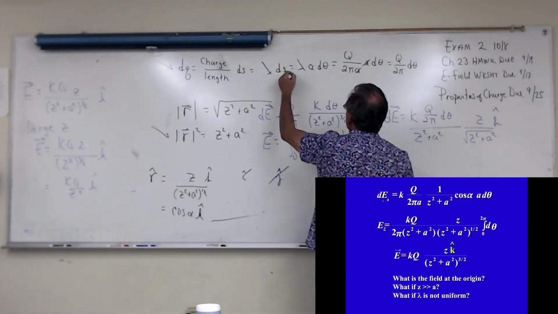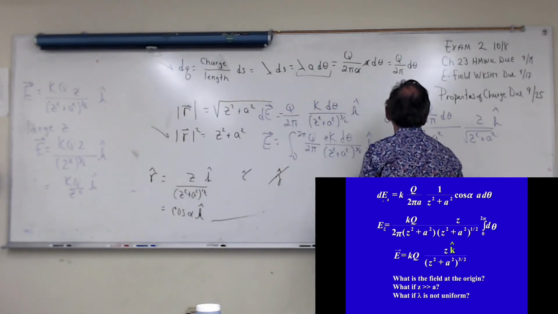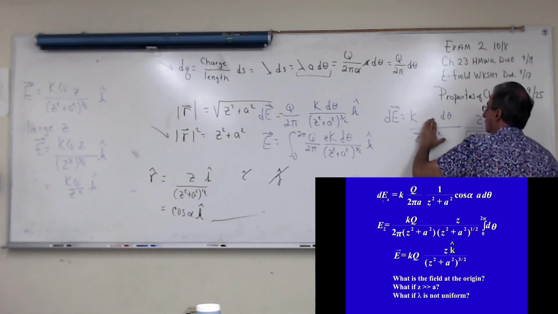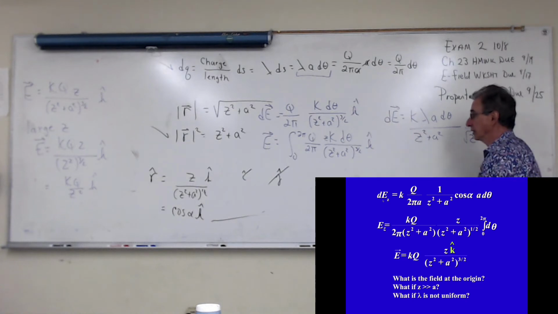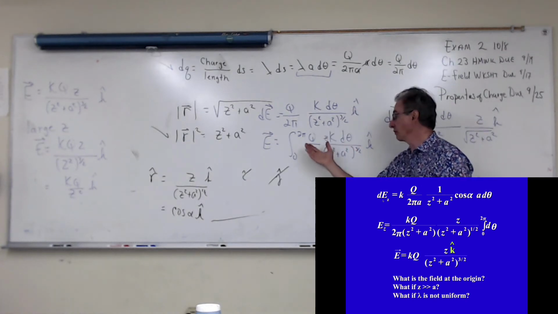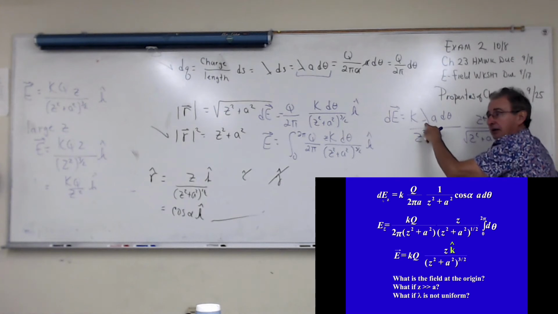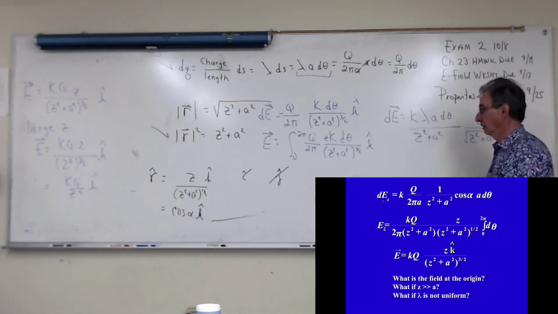I would actually write this inside my integral. Then the lambda, I could not pull out of the integral. See, the charge density was uniform, so I can actually pull this out of the integral. But if this depends on theta, I can't do that. This becomes part of the theta integral.